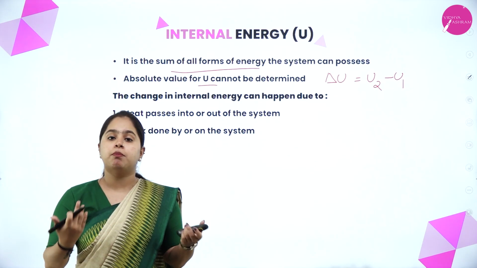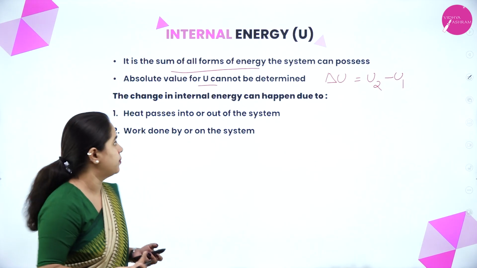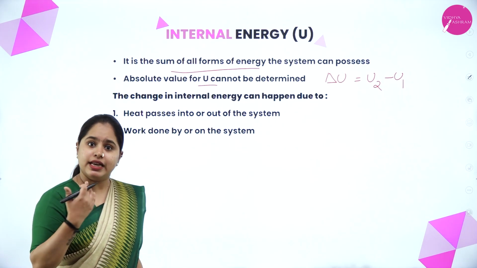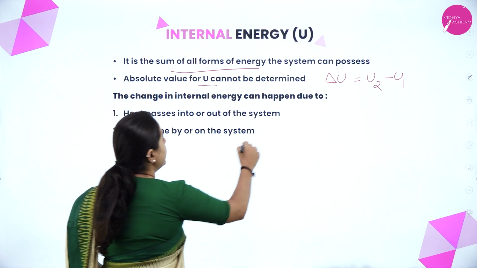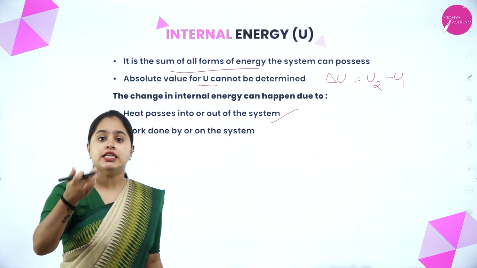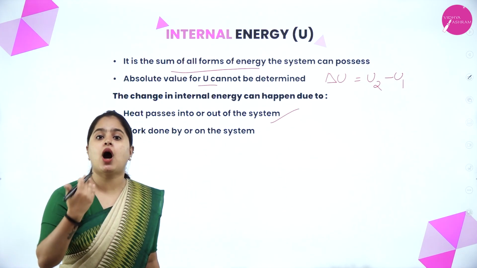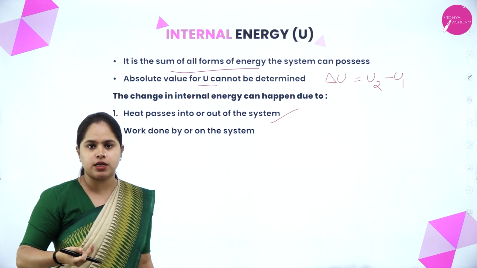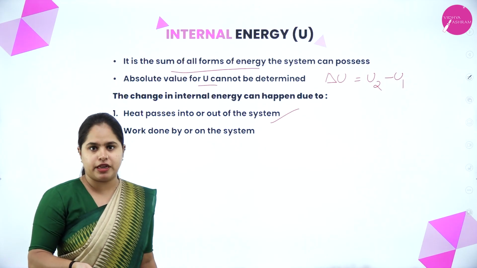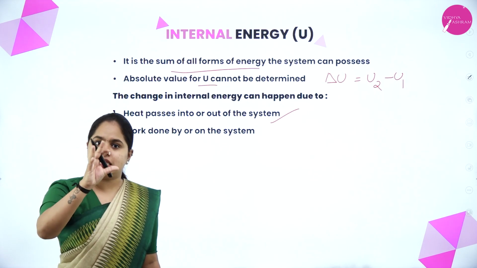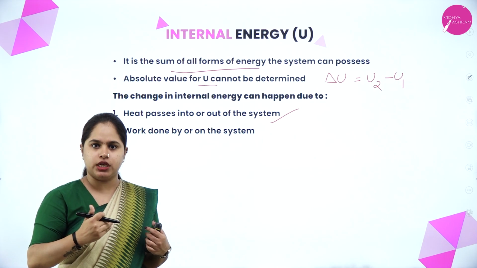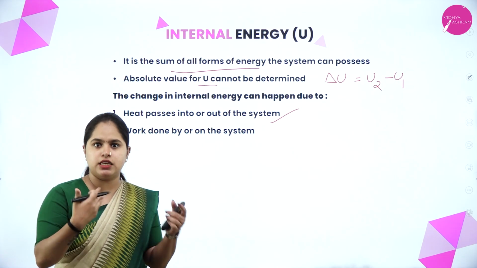How can you bring a change in internal energy? It can either happen by the passage of heat into or out of the system. That means heat is either supplied to the system or heat is being released by the system. In this case, there will be a change in internal energy, right? If the system is losing energy, there will be a change in energies happening there.